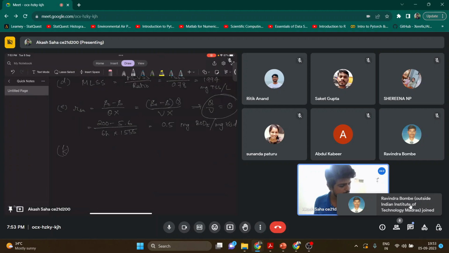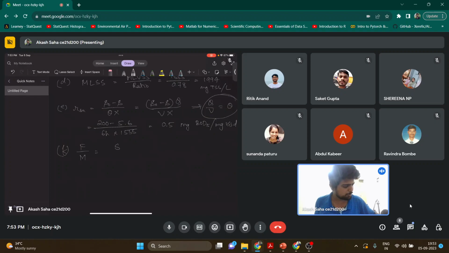And finally, I will find the F by M ratio. F by M ratio also has a direct formula: Q naught S naught by theta x, or S naught by theta x. So it will be mg per liter into 24 hour per day divided by 6 hour into 1,555.